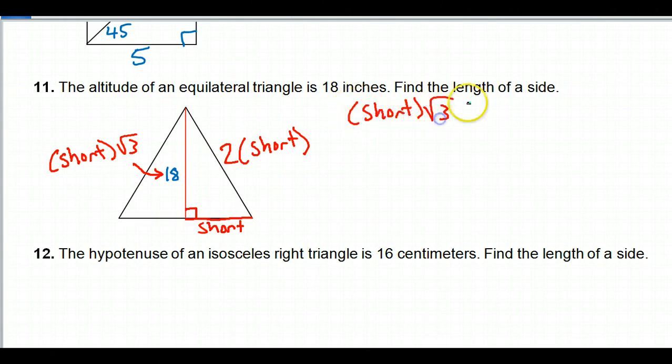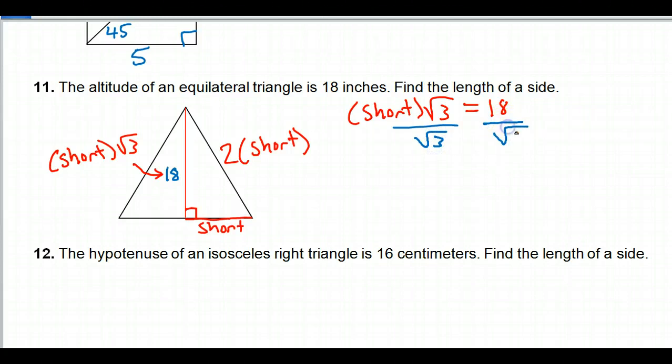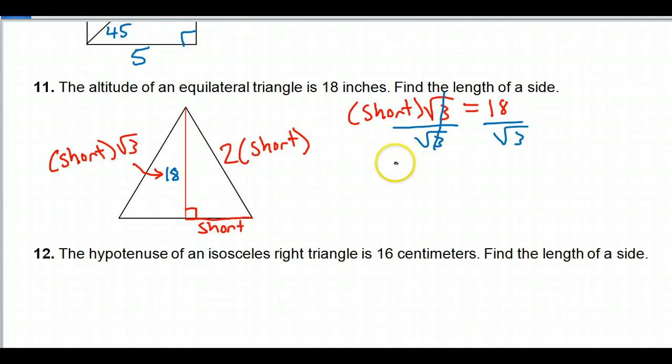Short times radical 3 should equal 18. So as always, I can solve this equation by dividing both sides by radical 3. I'm just going to leave it blue. So that's going to tell me that the short leg is 6 root 3.